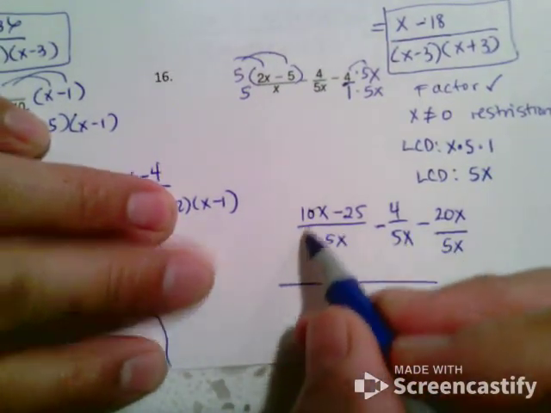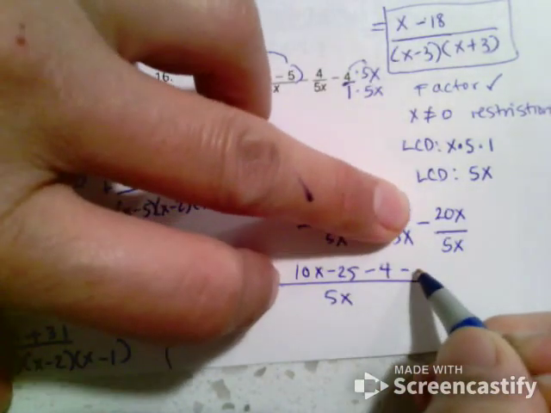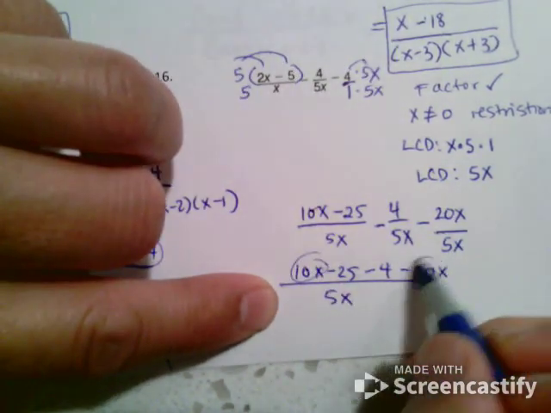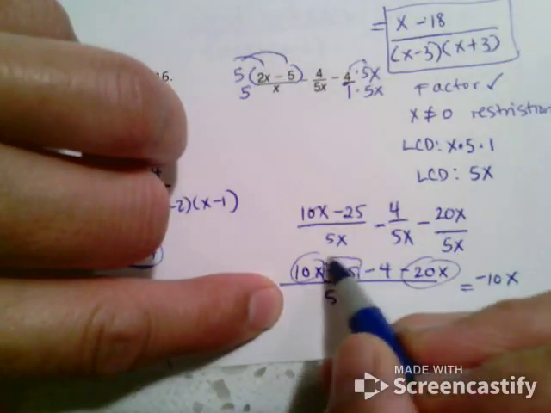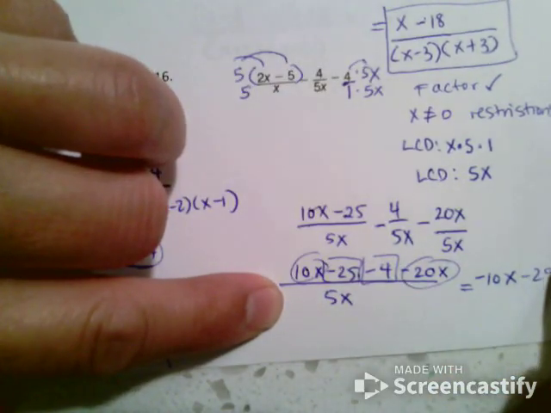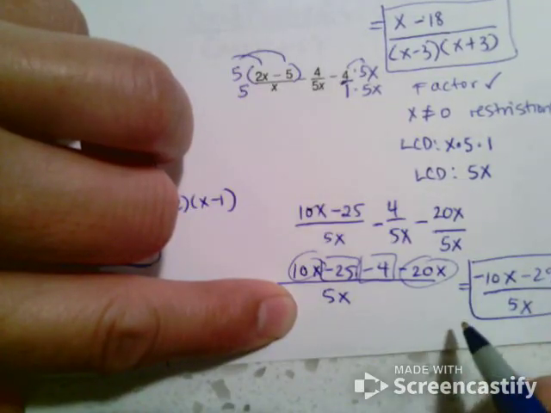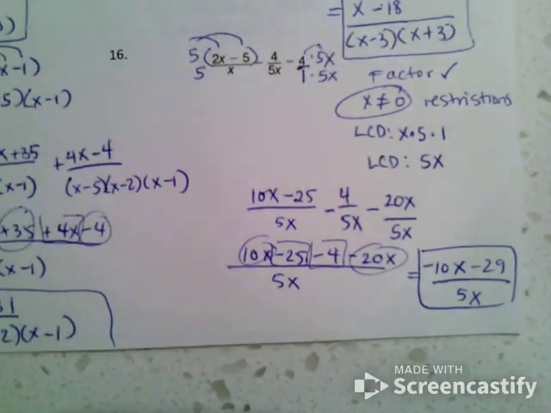So 5x, 5x, we're going to do 10x minus 25 minus 4 minus 20x. And then we're just going to combine like terms. And write it over the LCD. So that will be our answer with this restriction. Okay, that's all. Start your homework in the packet.